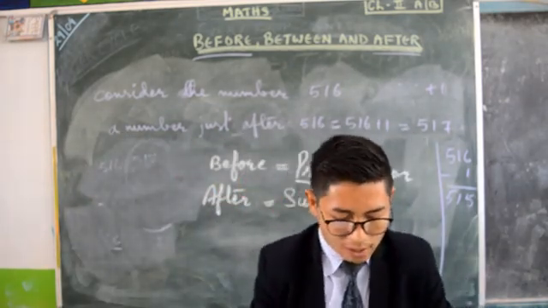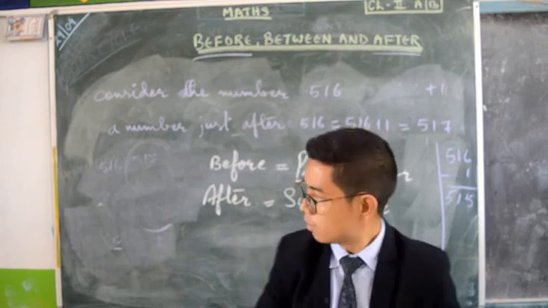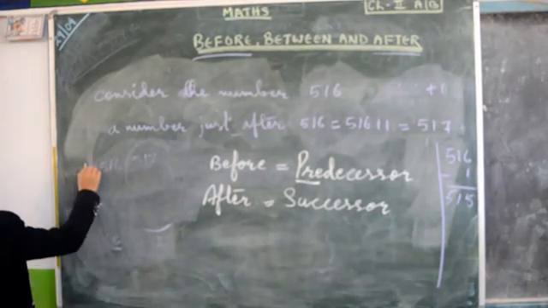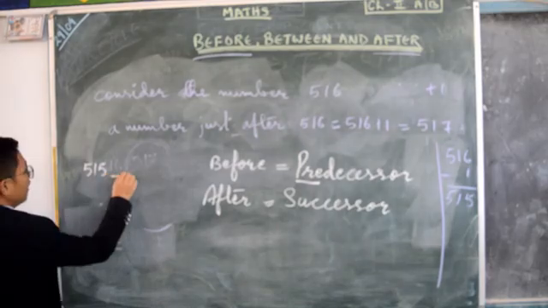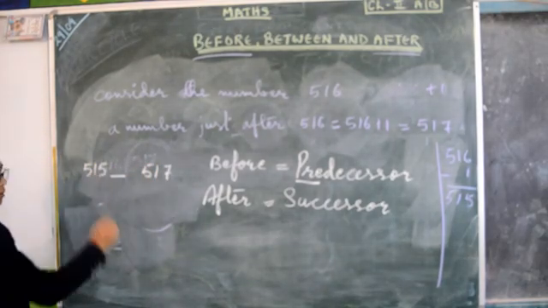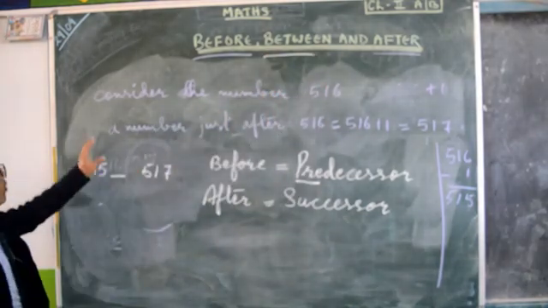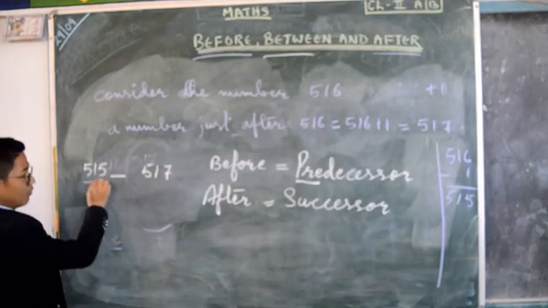Okay, now the numbers we got are 515 and 517. We are doing for between. So this is before, isn't it?